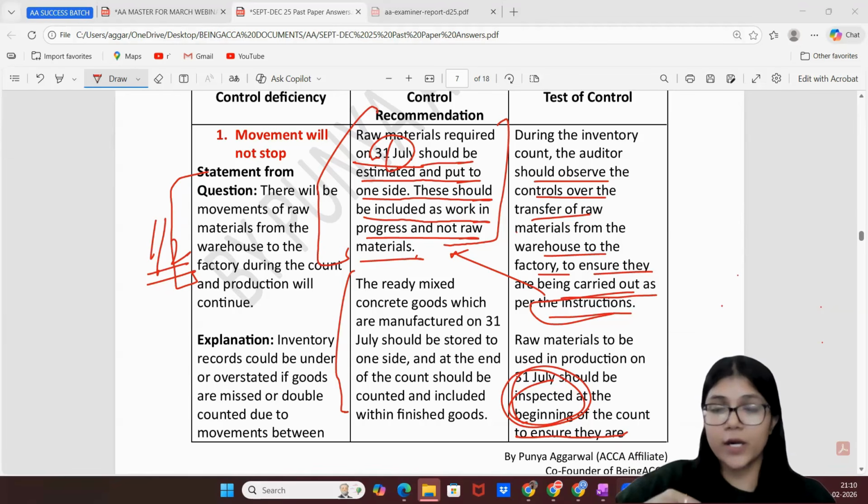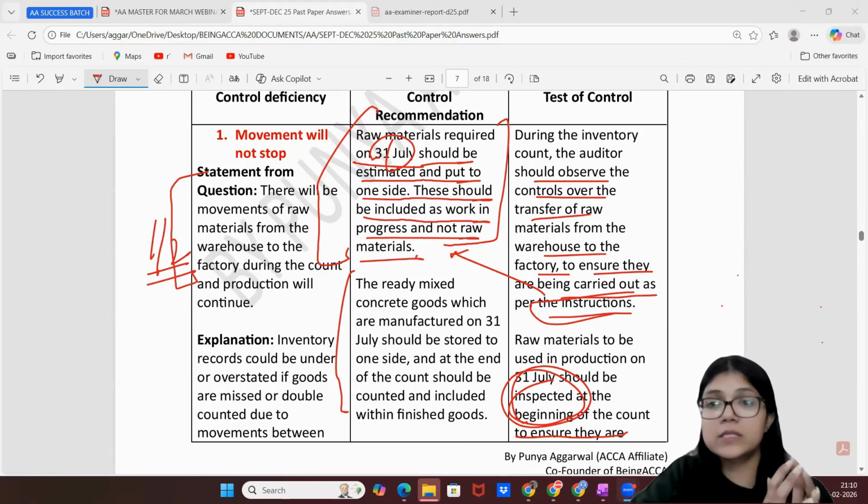What you are producing will increase the inventory, and the inventory that is going out as finished goods or to the customers is going to decrease the inventory, right? So I am keeping the inventory which I want to count at the 31st of July separate, so that that inventory is complete and accurate, and I'm only counting that inventory in place, and I'm not counting anything new or anything gone to the customers. So that is my recommendation. Okay.